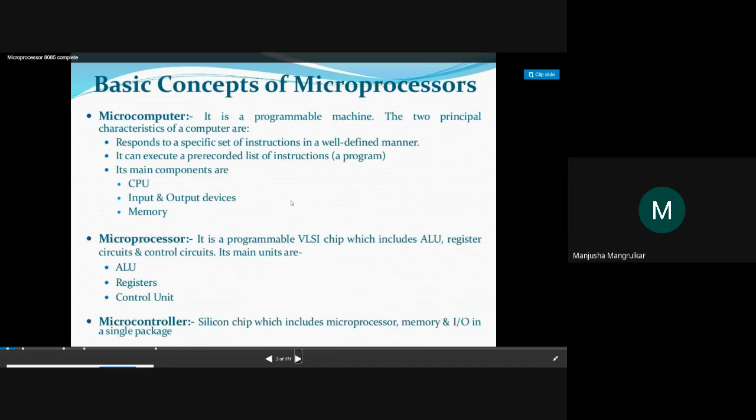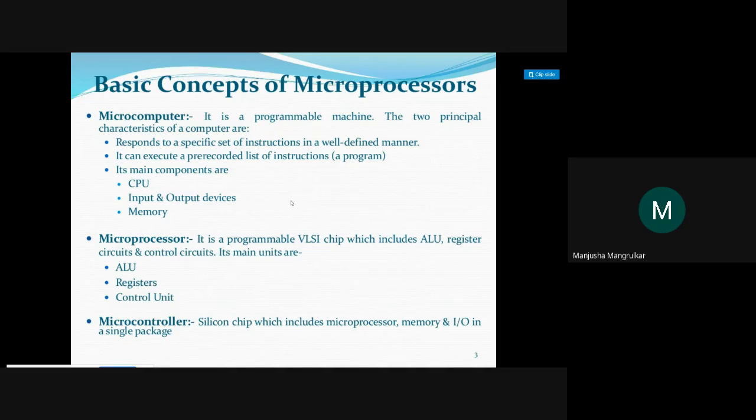Now, the basic concept of the microcomputer: it is a programmable machine. The two principal characteristics of computers are that they respond to a specific set of instructions in a well-defined manner. It is a programmable device with a specific set of instructions, well defined.